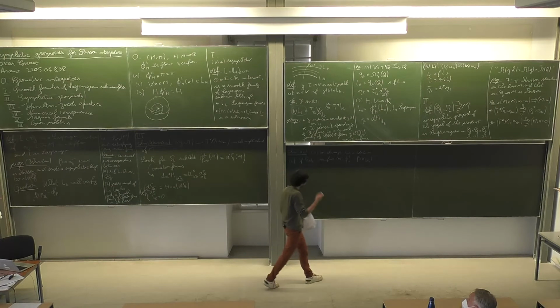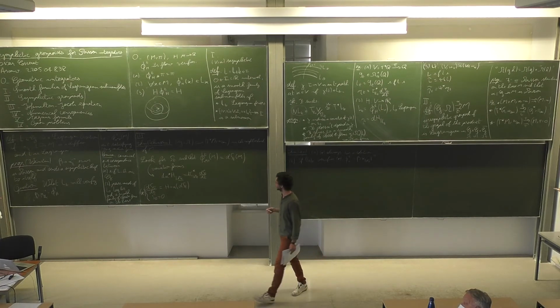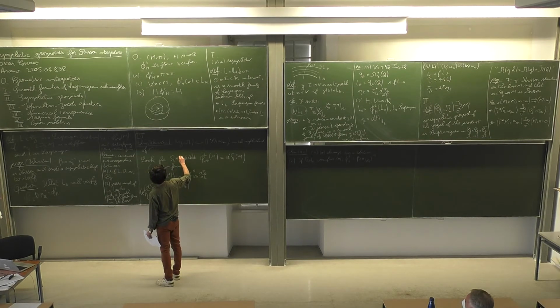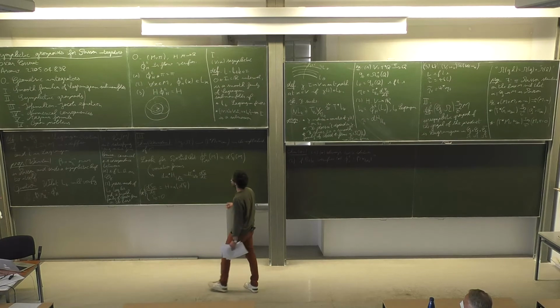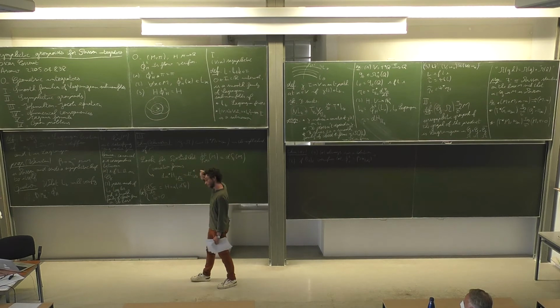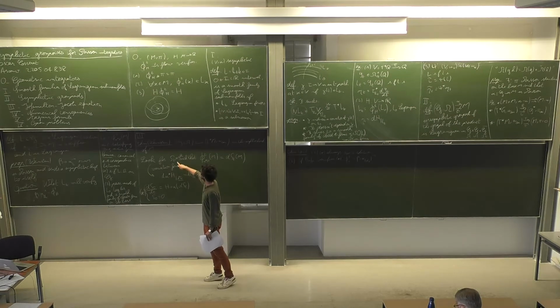Okay, so S_t goes from the base to R. And it's smooth with respect to the parameter. It's clear? Yeah, it's a smooth function with a smooth parameter, so I can differentiate with respect to t.